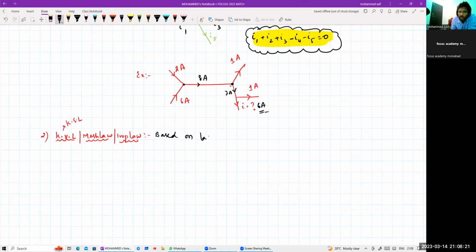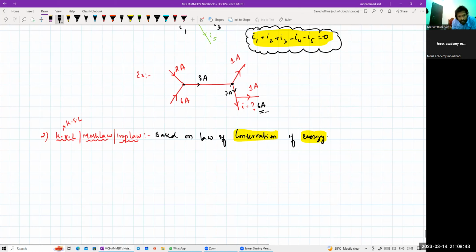It is based on the law of conservation of energy. First law is based on the law of conservation of charges. Second one is based on the law of conservation of energy.